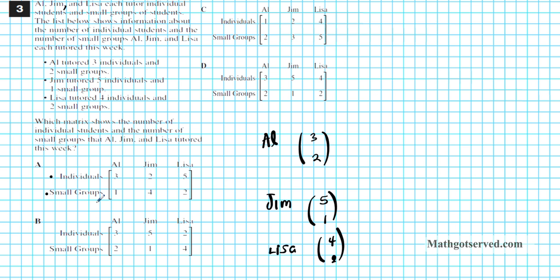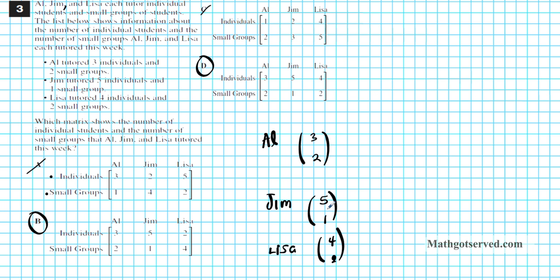All right, so let's look at all these options. Which one has 3, 2 as a column for Al? Option B and D. So we have to take out A and C. Those are inaccurate for Al. Now, what do we do next? One of these two is correct. So how do we figure it out? Well, we have to go to Jim.